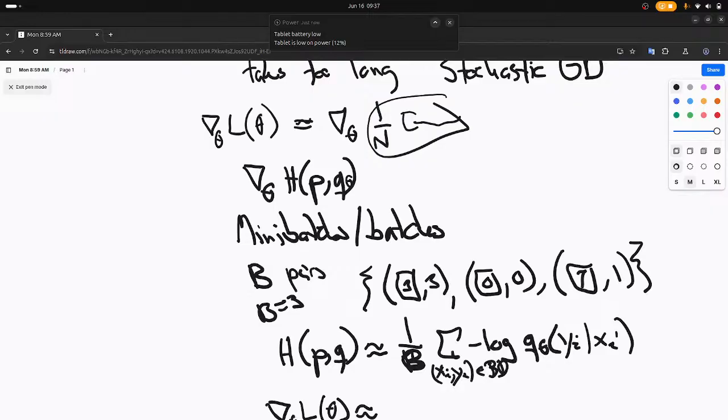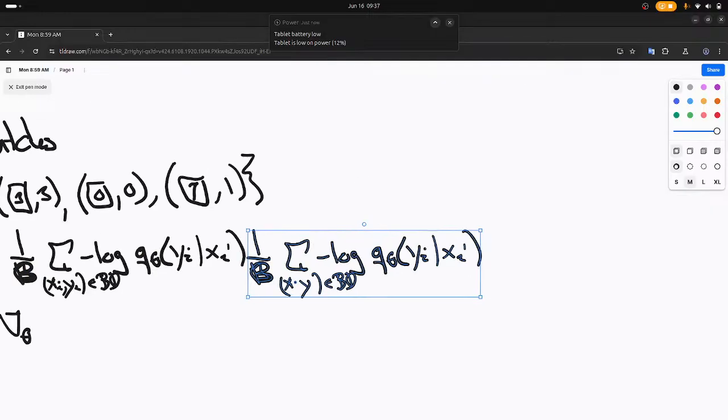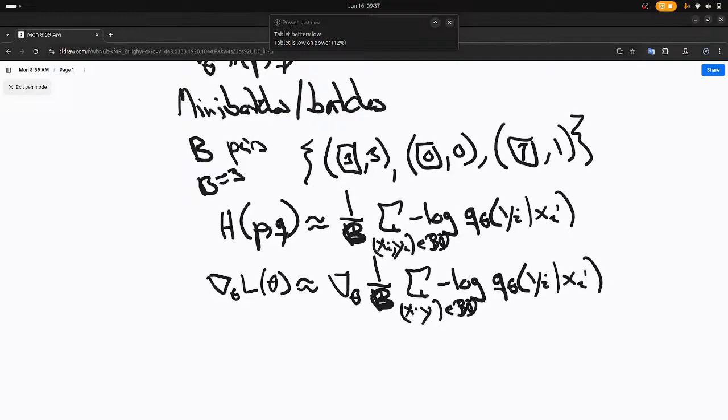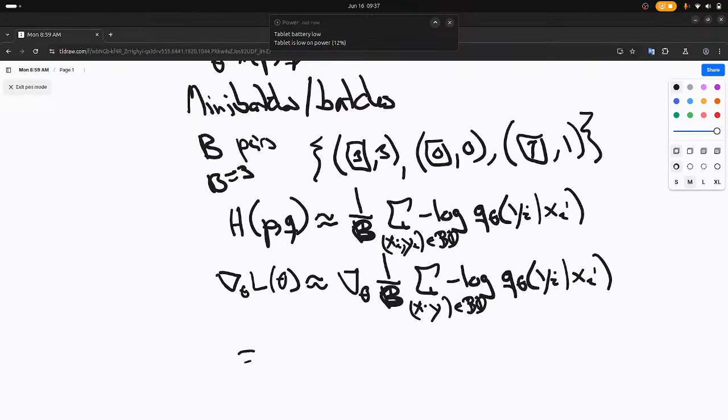Theta is approximately the gradient of all this. The gradient then would be 1 over b, and then I move it in here and take the gradient of this.